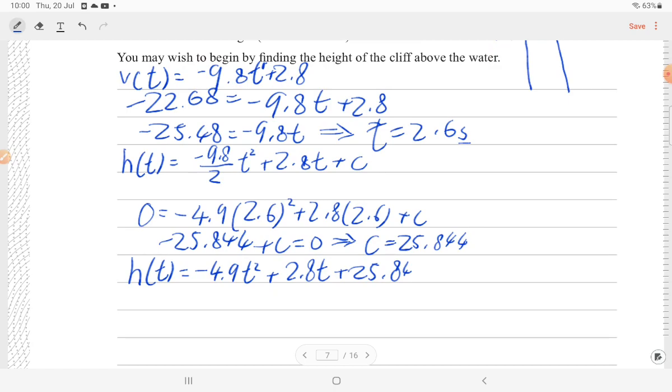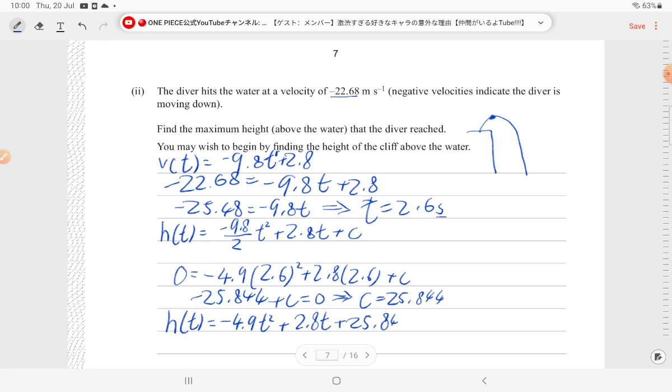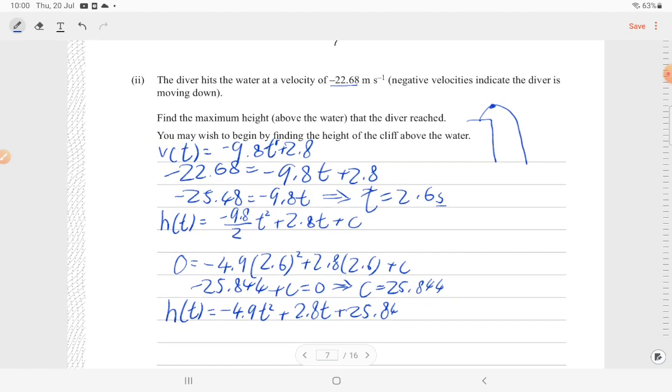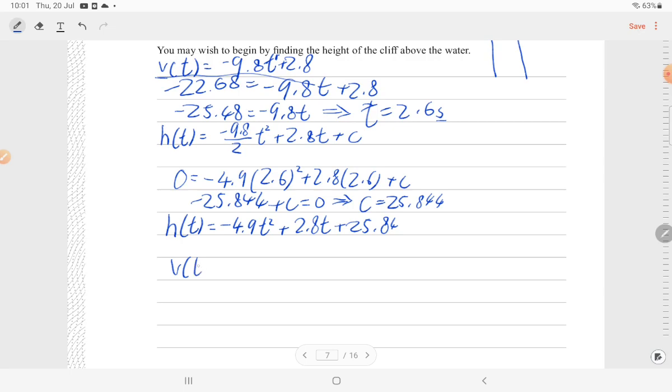Actually, we can just maximize this function. So v of t is equal to negative 9.8t plus 2.8.